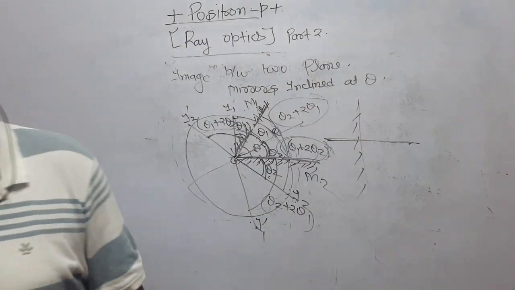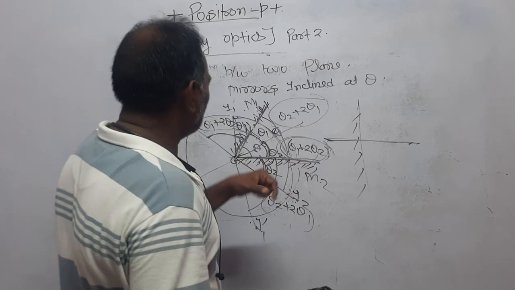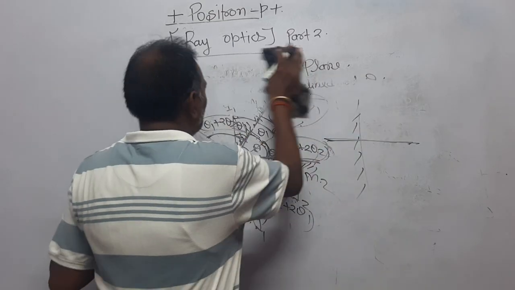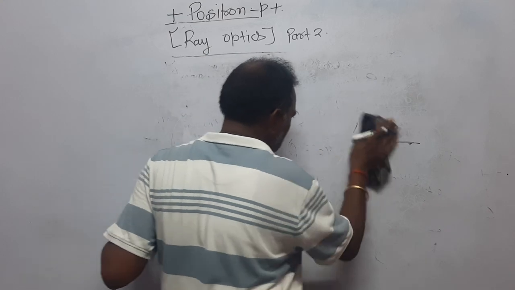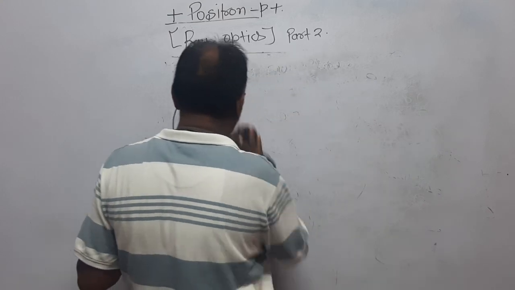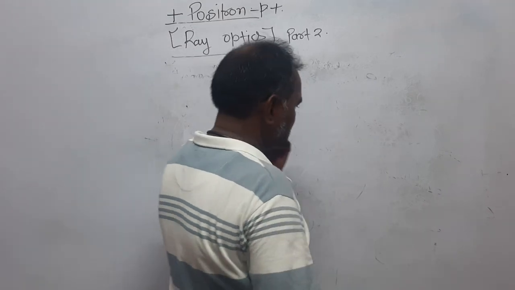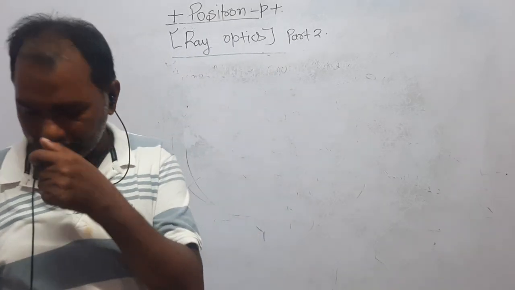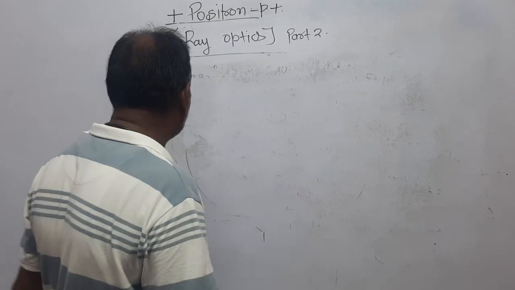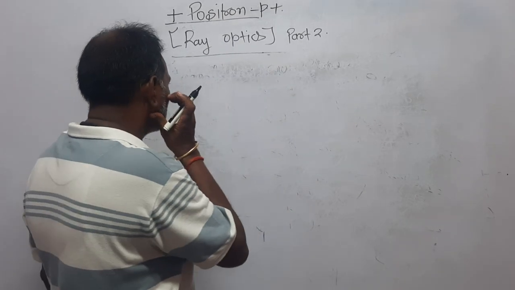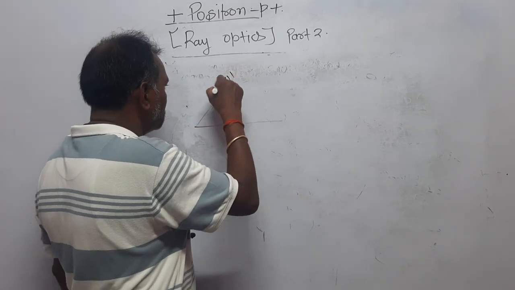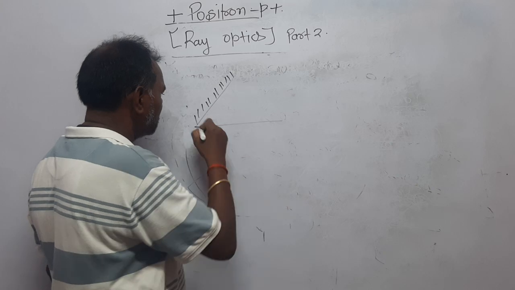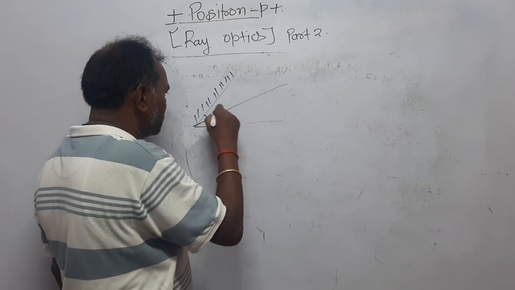Now, dear student, there are so many things you have to go through while you are going in this way. There is a very simple method, that is the crisscross method, and you can simply apply it. For example, these are two mirrors, and the angle between them is theta.